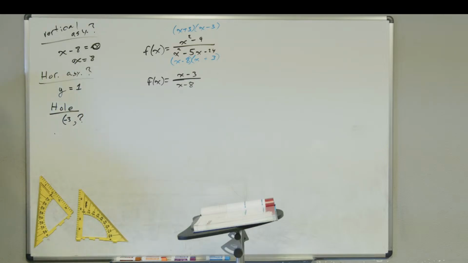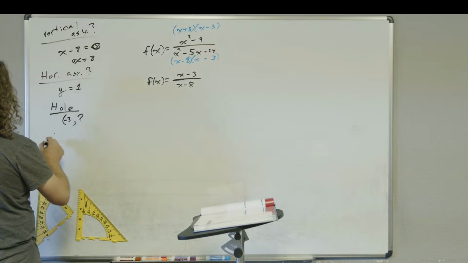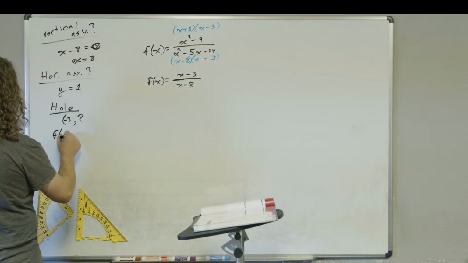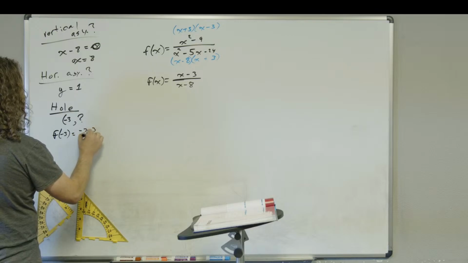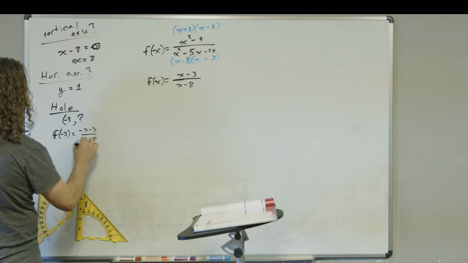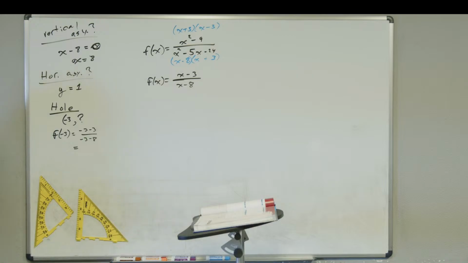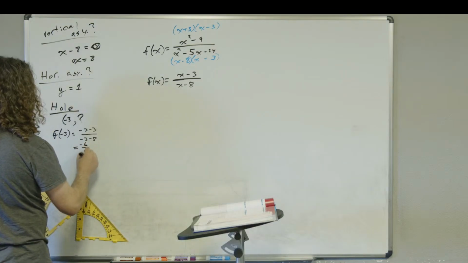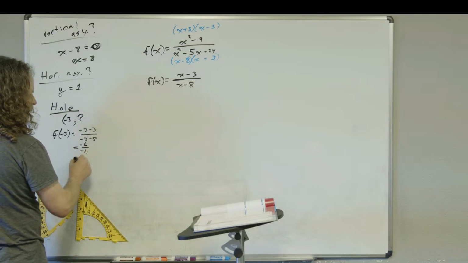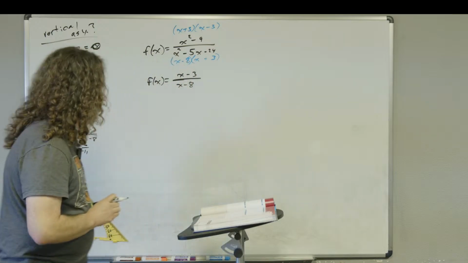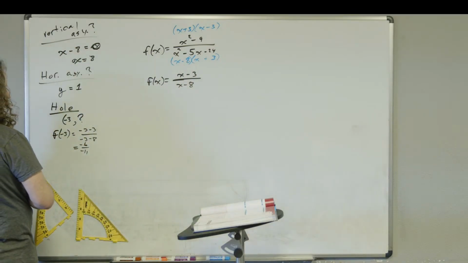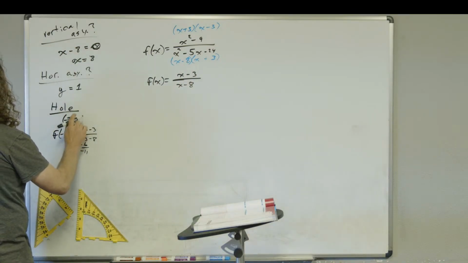F of -3 equals -3 minus 3 over -3 minus 8. So -6 over -11. So it's got a hole at -3, -6/11.